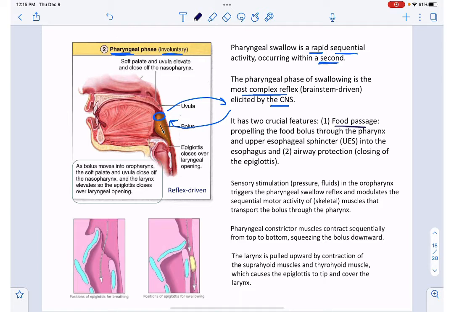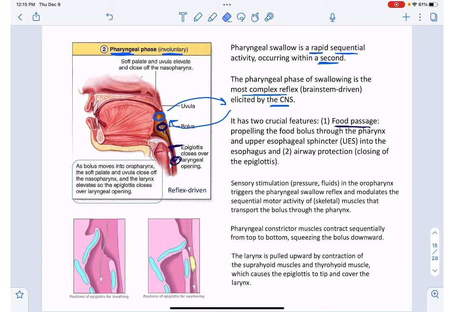The first is food passage, and this involves propelling the bolus through the pharynx, through the upper esophageal sphincter, which is probably about there, and propelling it into the esophagus. So there's that food passage phase.